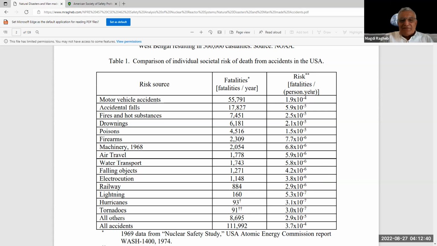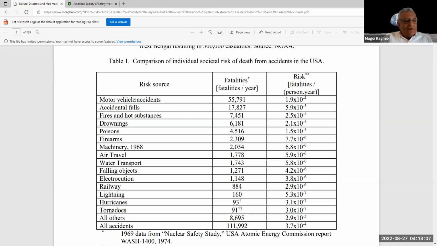Here, we are describing it also in numbers of deaths. It could be not just loss of life. It could be morbidity, like people getting sick, say, from air pollution, from coal, or it could be a loss of money. Dollars per person per year is also a measurement of what we call risk. So risk is not a probability. It has units. It's a frequency per person per year.